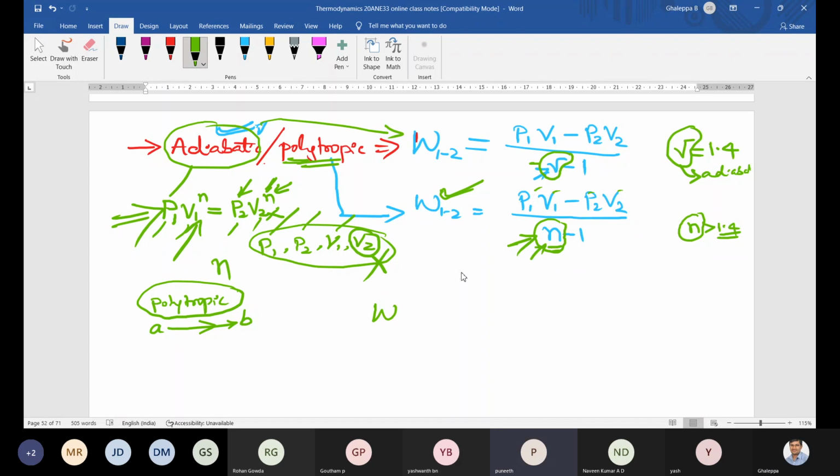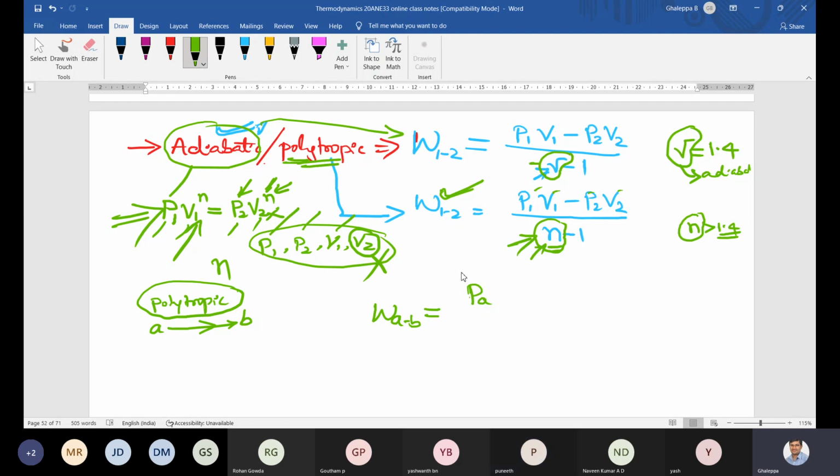W A to B equals PA VA minus PB VB divided by n minus 1. Instead of using the words PA VA, make it initial pressure, initial volume, like that.